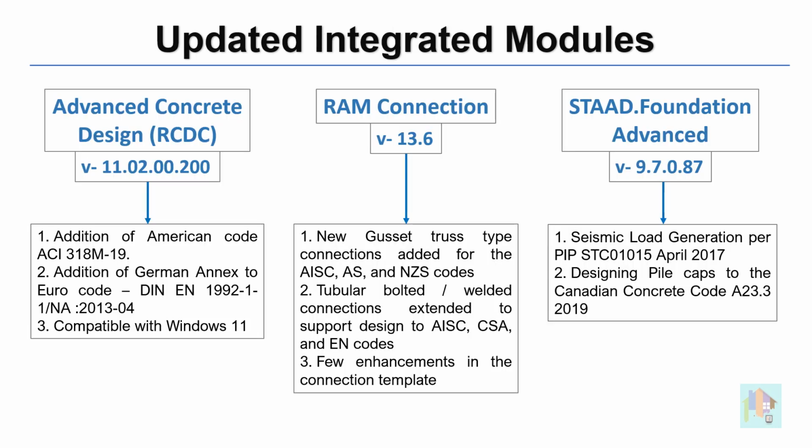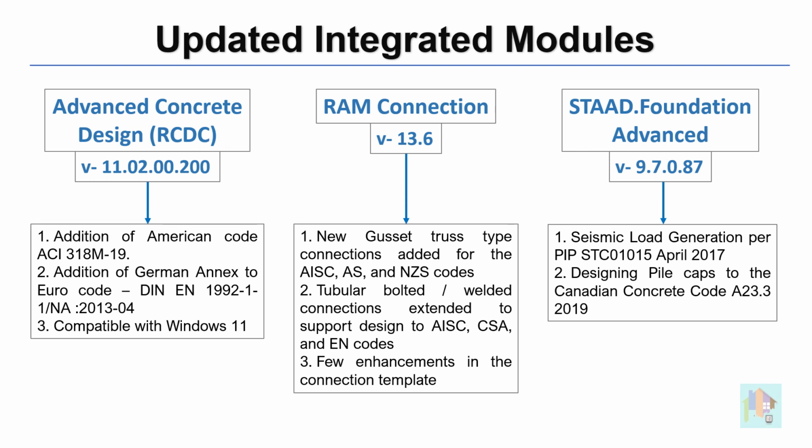Along with this updated STAAD, the latest versions of Advanced Concrete Design module, RAM Connection, and STAAD Foundation modules are provided, and you can check the build numbers from here. If you use any of these modules in your project, then you can notice several new features, like in RAM Connection, a new gusset connection module for AISC, Australian and New Zealand code, and mitered knee and hollow section connection for American, Canadian, and Euro code is implemented.